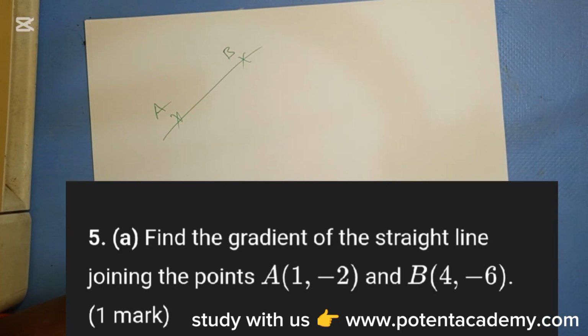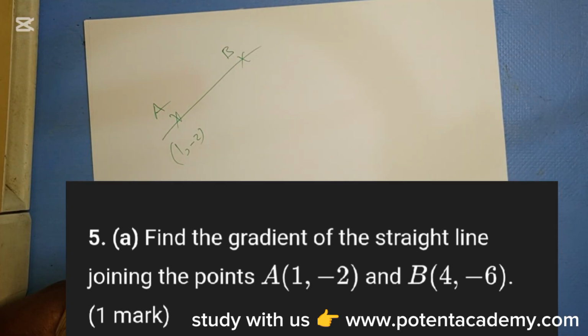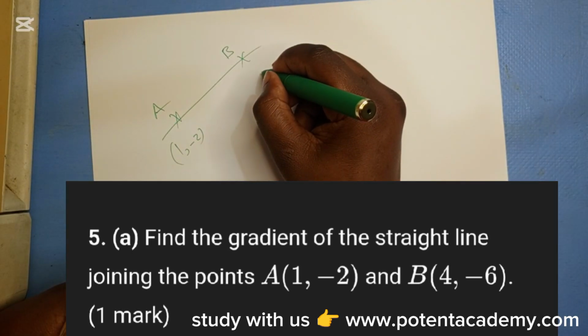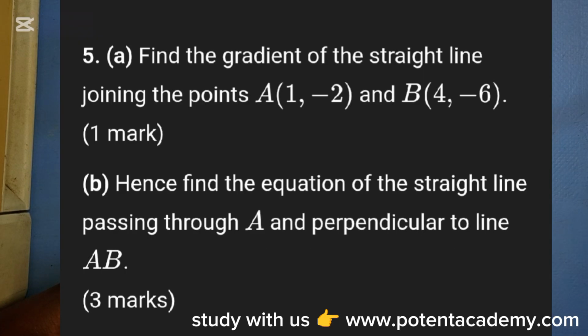Point A, you are given as 1, negative 2, and this one is 4, negative 6. So hence find the gradient, then find the equation of the line passing through A.